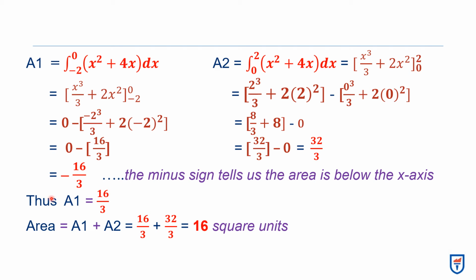The negative is simply indicating that the area we calculated is below the x-axis, but the value of the area is 16 over 3. So we take the value of area 1, which is 16 over 3, then we add the value of area 2, and we are going to get 16 square units as our total area covered in the range of minus 2 to 2, between the x-axis and the graph of y equals x squared plus 4x.